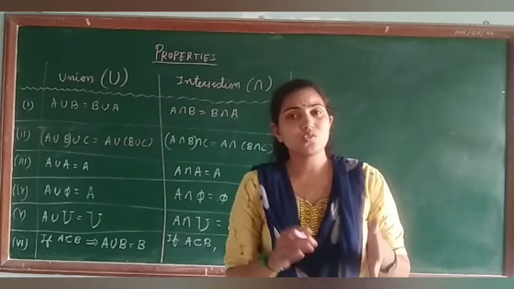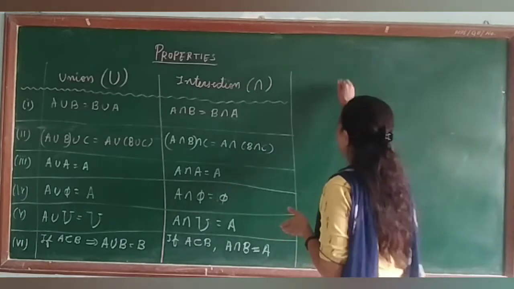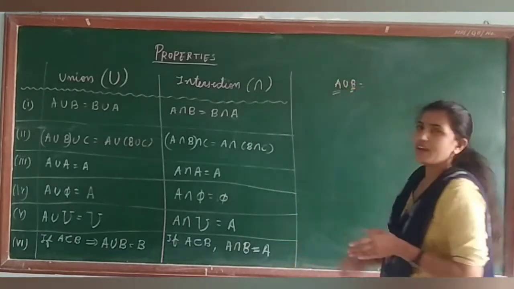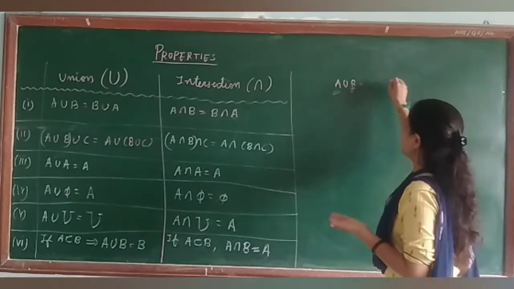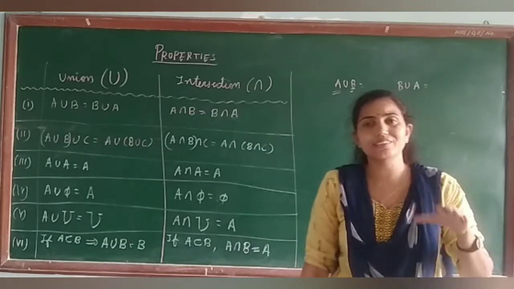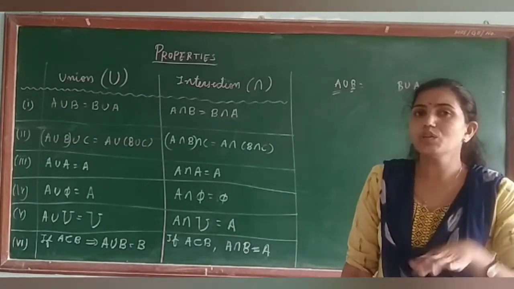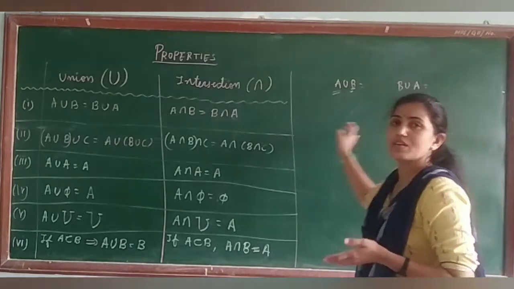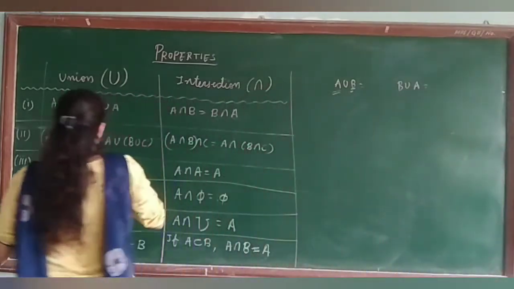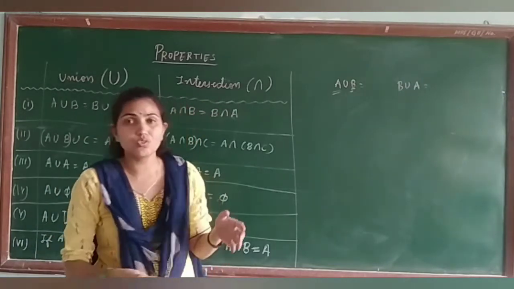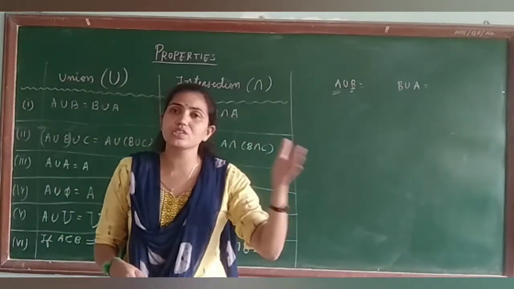First, when we write A union B, that means all the elements are in A or in B. And if I write B union A, that means all the elements either in A or in B. So in both cases we get the same answer. That means A union B is equal to B union A. Similarly for intersection, what is the meaning of A intersection B?